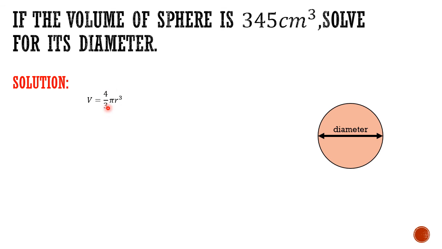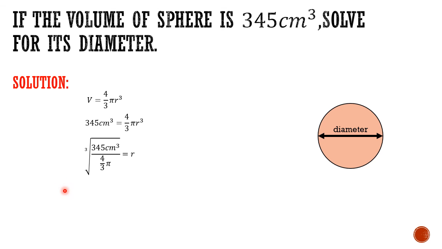So dito, kunin natin yung radius. Na kung saan yung radius is important para makuha natin yung diameter. Kasi yung diameter is twice the radius. Yan. Plug lang natin yung volume natin na 345 cm cubed. Tapos manipulate lang natin.